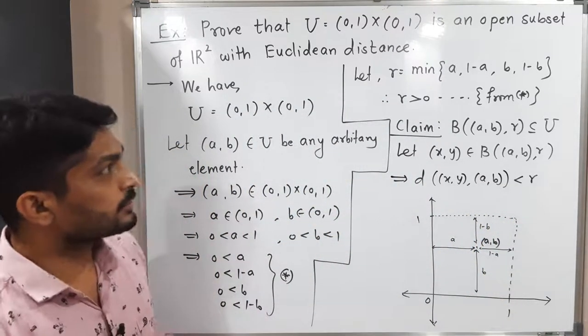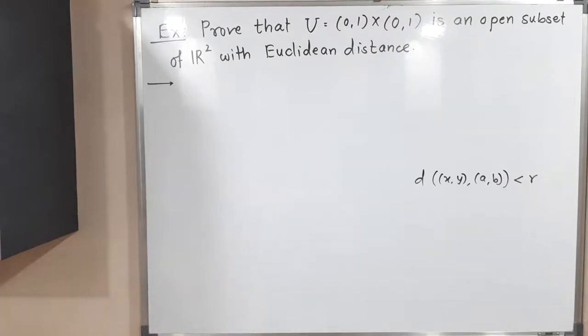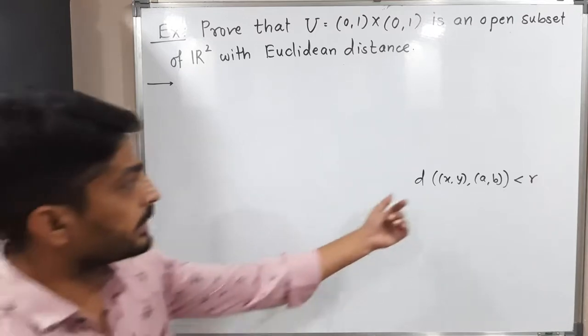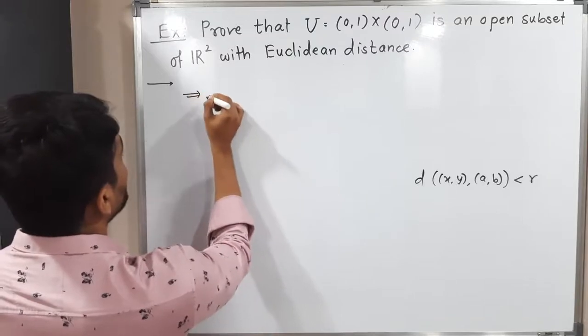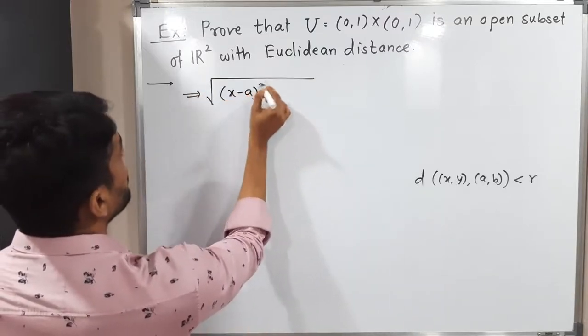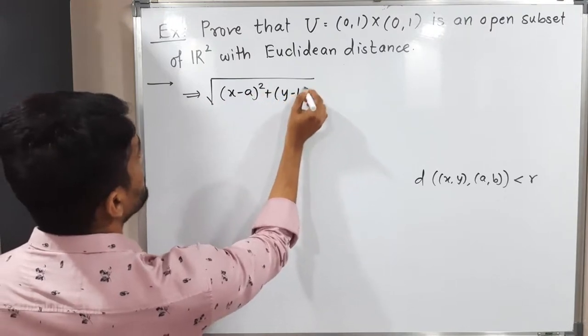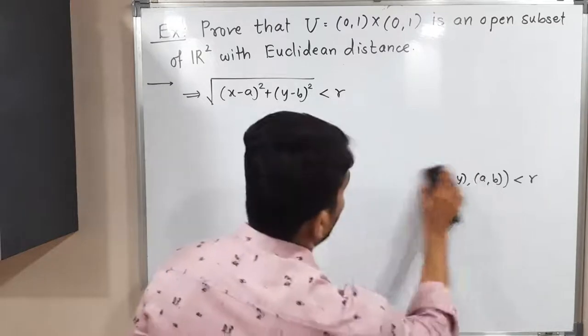See, there is no more space to write. Make a screenshot of it, then we will go further. See here, distance d is the Euclidean distance. So what can we write? This implies the Euclidean distance, the square root of (x minus a) square plus (y minus b) square, is less than r, less than the radius.